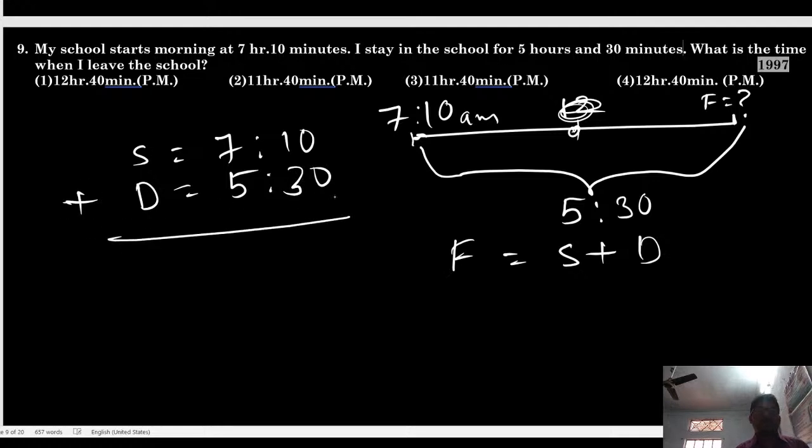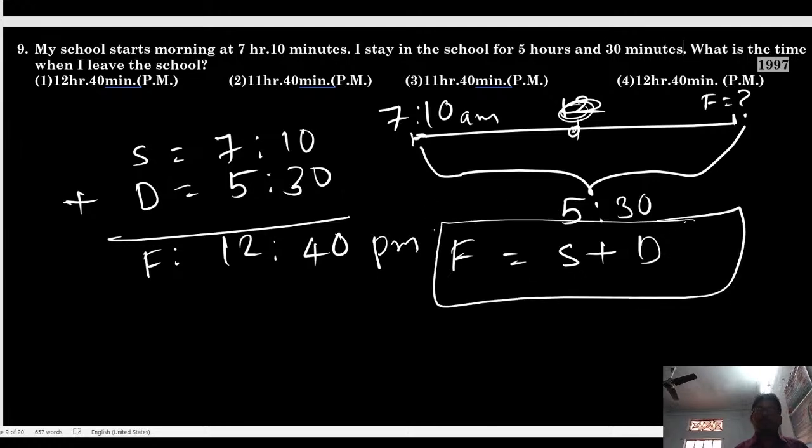Here we have to add: 0, 4, 12. This is the finishing time, 12:40. This is afternoon, so 12:40 p.m. This is the formula. 12:40 p.m. Option 1.